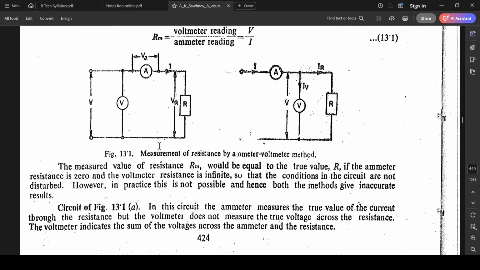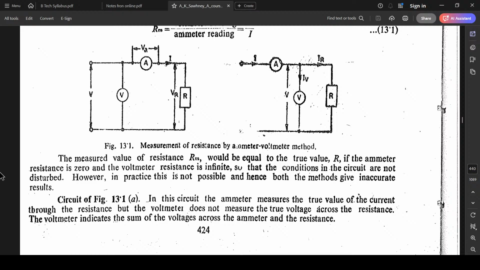So RM is equal to R if I is equal to 0, and the resistance in the ammeter, RA, is 0 and RV is infinite. We already know this, so that the conditions in the circuit are not disturbed.